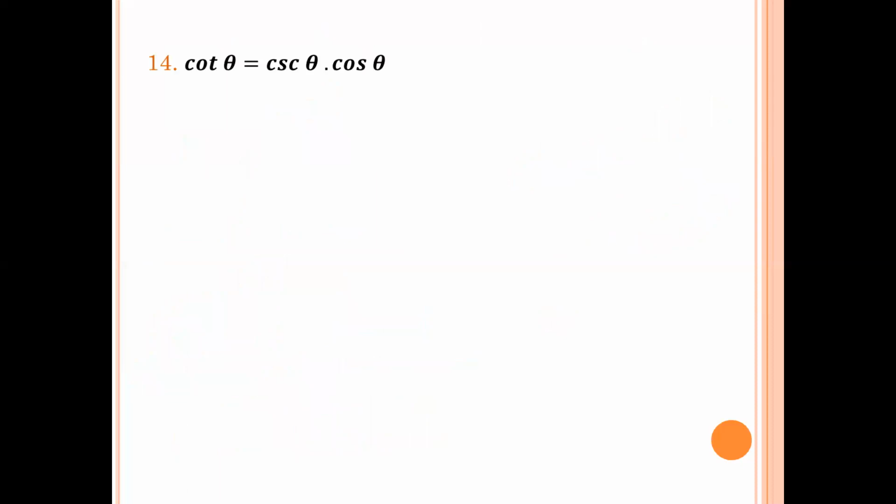Here now, I want to prove that cotangent is cosecant times cosine. What is cotangent? It is 1 over tan. But that cannot help me. Is it cosine over sine? Yes. It is cosine of theta over sine theta. Now, I want to prove that it is cosecant times cosine. Cosine is done.